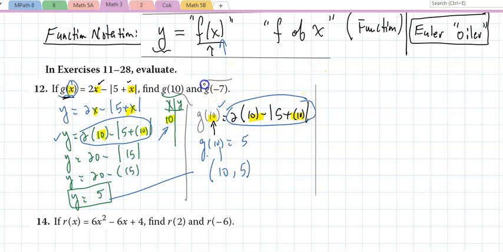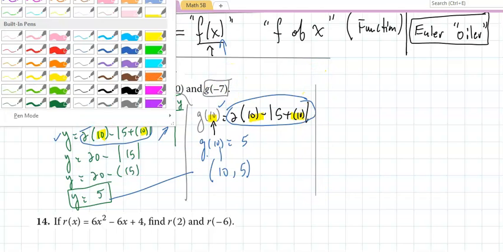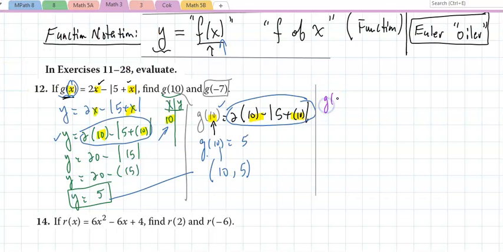If I go by the second point, g of negative 7, go to the right of this, that's 2 times a negative 7 minus absolute value of 5 plus a negative 7. Again, students have a hard time seeing this. But if I was to say, hey, can you replace x by a negative 7?